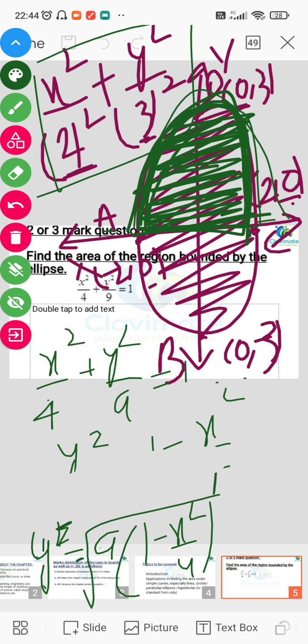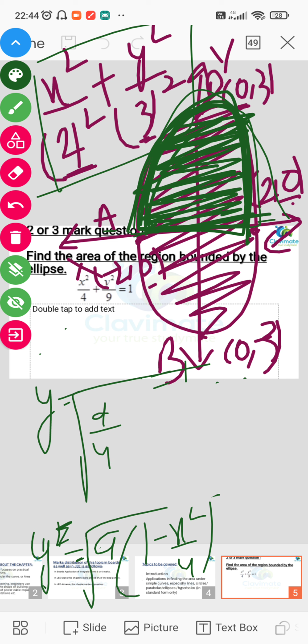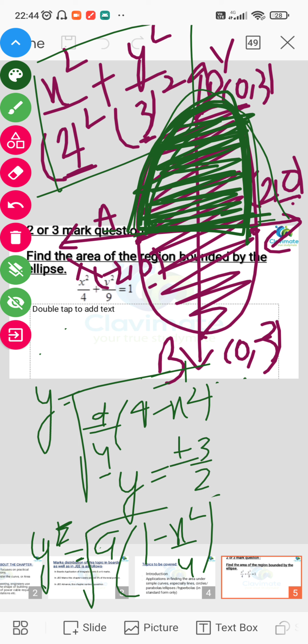So I can write it as y is equal to under root 9 by 4 into 4 minus x square, right? So 9 by 4, let's take this out. So y is equal to plus minus 3 by 2 under root 4 minus x square.